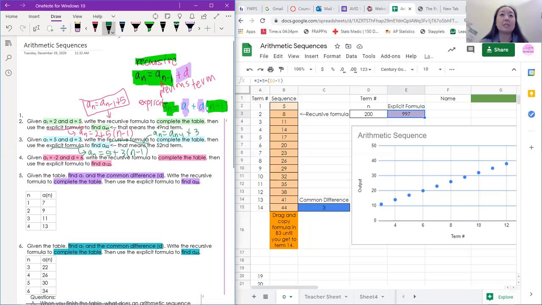times n minus 1. N minus 1, notice, is in green, which means that it is not going to change. And again, if I'm telling you to write me a formula and there are no variables in there, just numbers, that's not a formula. Okay, it's for a specific instance. I don't want a specific instance, I want a formula. And so that's the one that I can use for any term.